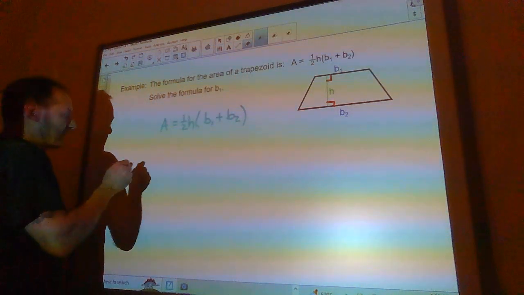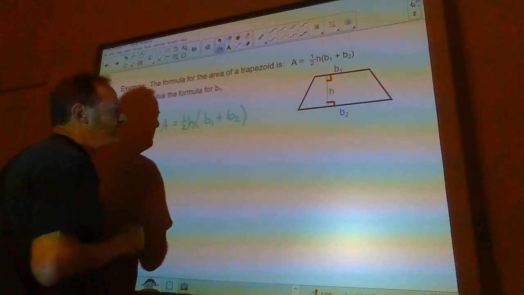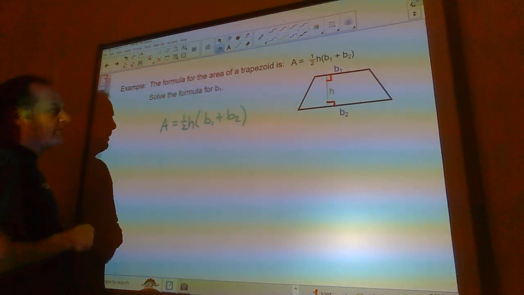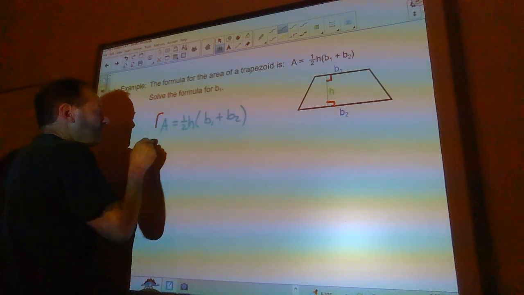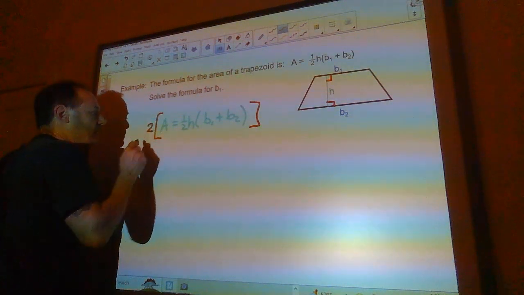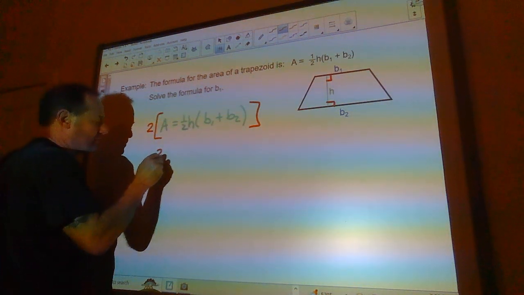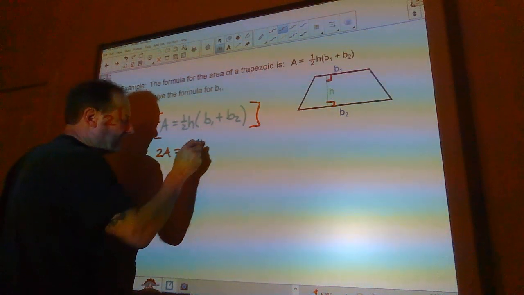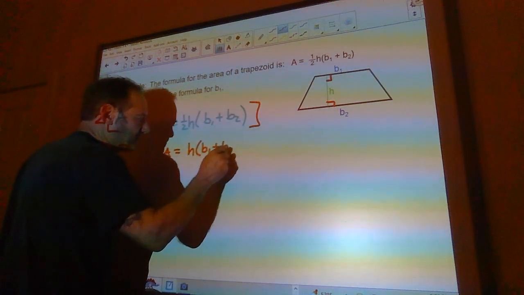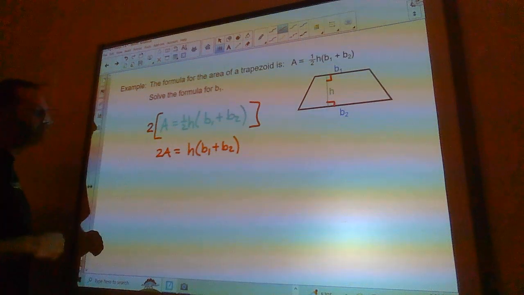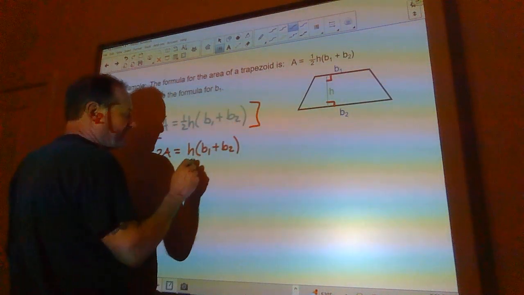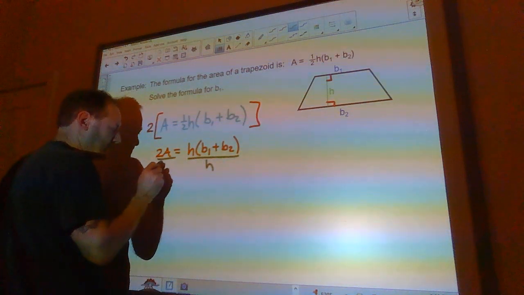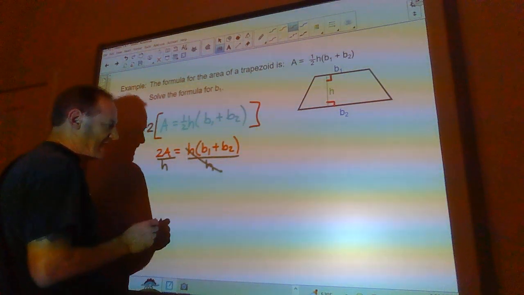And we're going to switch this thing around. The first thing we're going to get rid of is the 1/2. So we're going to multiply the whole thing by 2 because that's going to cancel out the 1/2. So I get 2A equals H times (B1 plus B2). So we're slightly simpler here. Now we're going to divide by H. That's going to cancel that out.